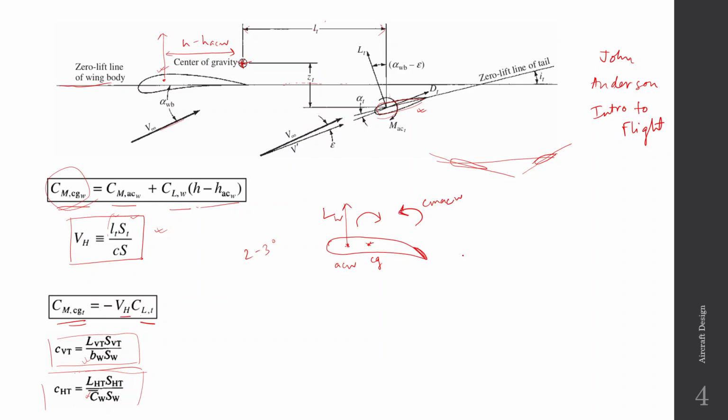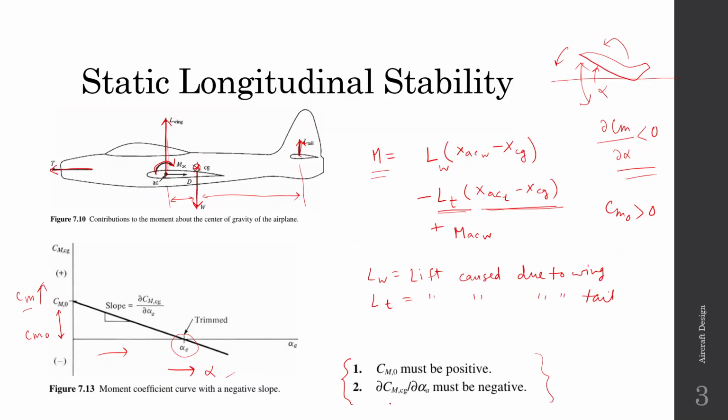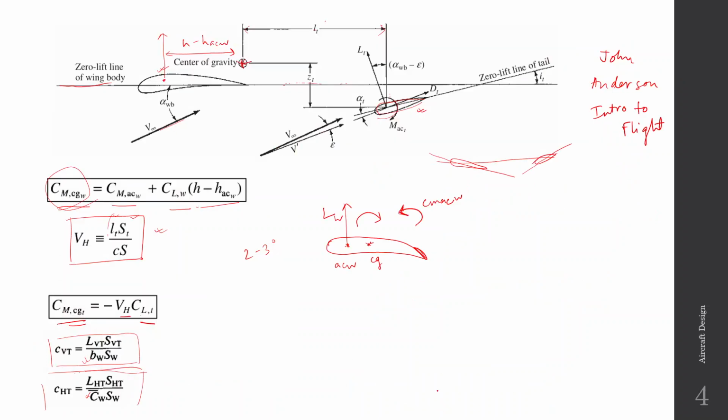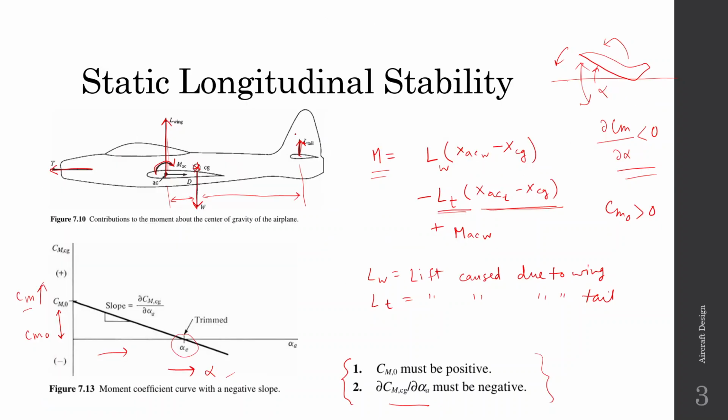Now we see how the tail is placed. The tail is placed behind the aircraft, and the tail automatically satisfies the condition that dCm by d alpha is going to be negative, by using simple physics as I discussed here.